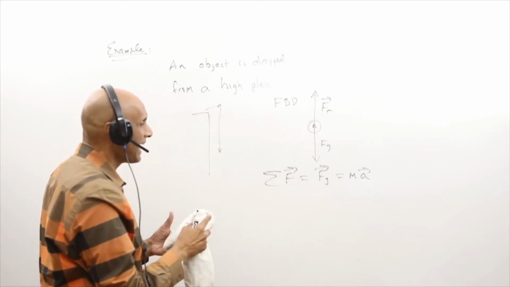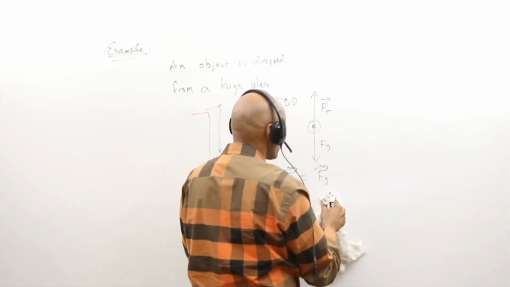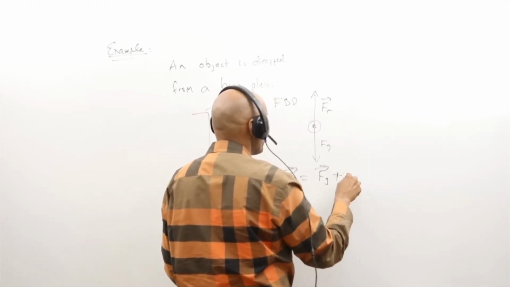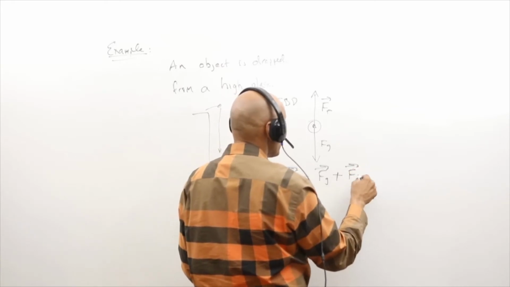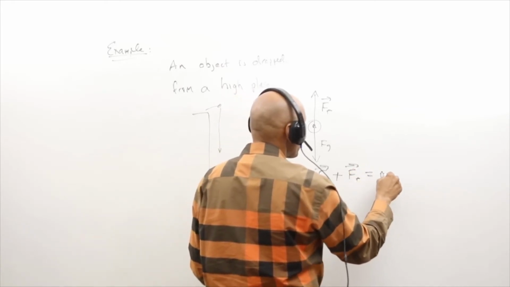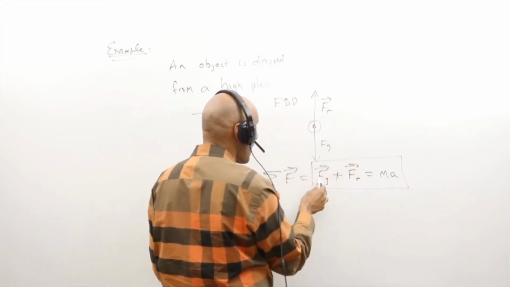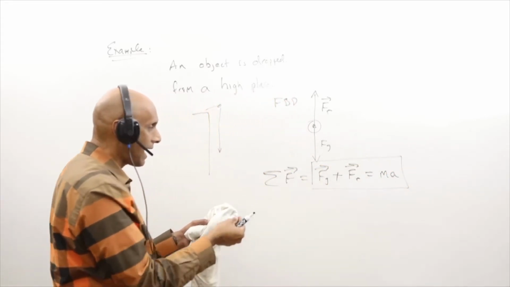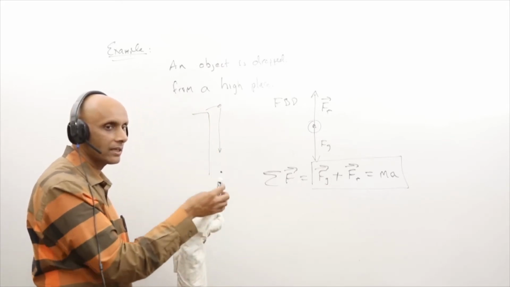But what exactly happens if there is force of air resistance? So let me remove this and write this in terms of there is now a resistance that's velocity-dependent, and that's equal to mass times acceleration. So this is the case where you have gravity pulling down, but as the object is moving faster, there is a higher air resistance acting up.